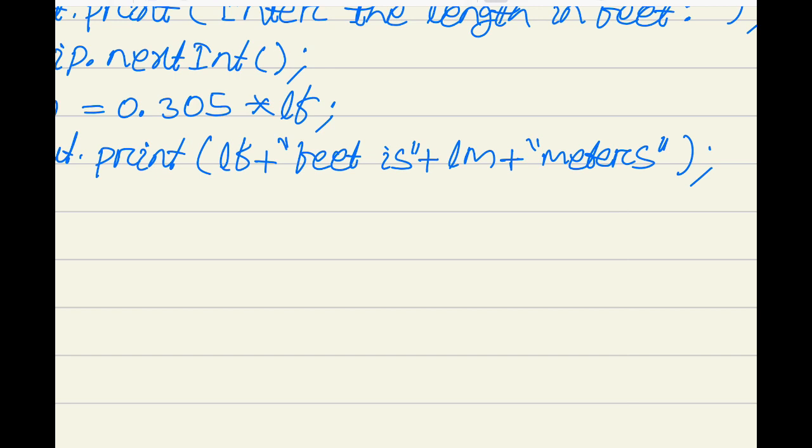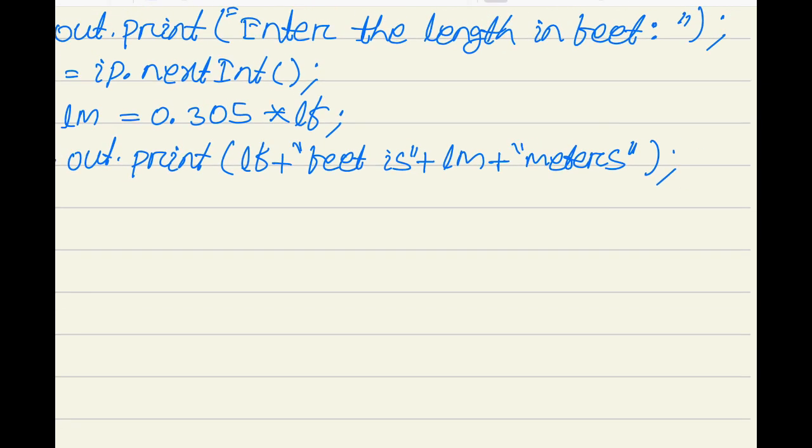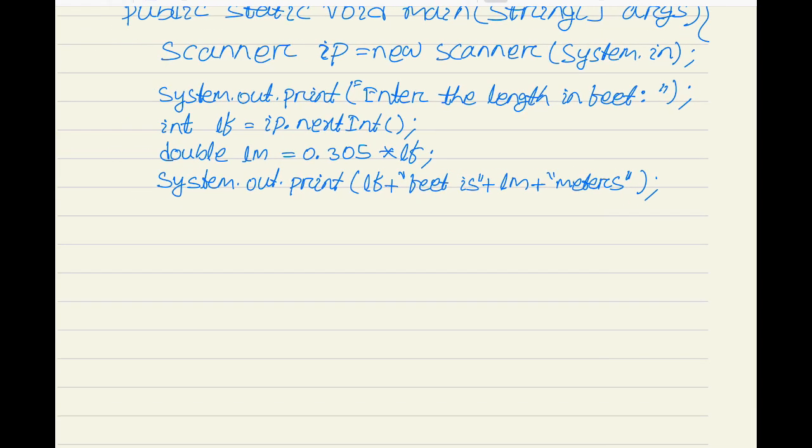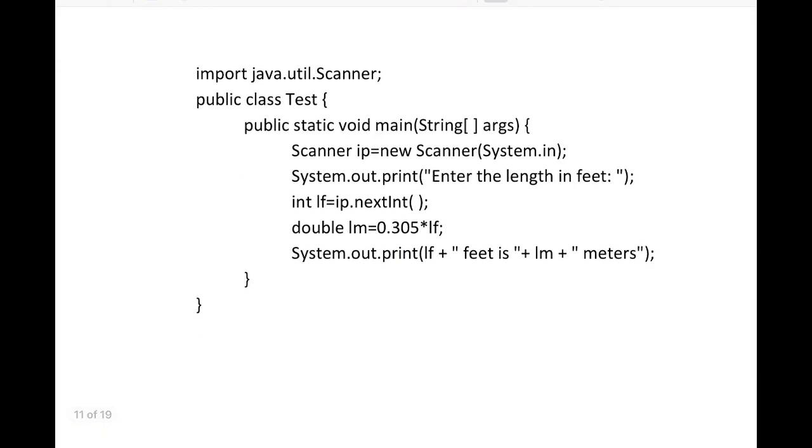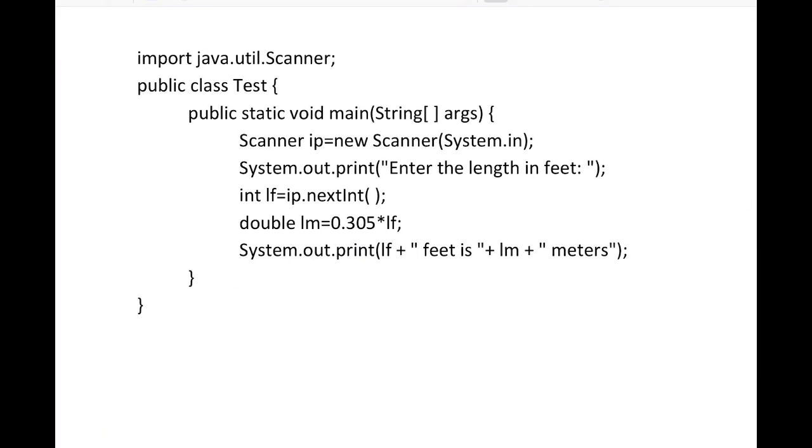Like just now we have discussed, this plus operator is used to join the strings. So if you give plus in the middle, then it joins the strings that we have written. Then end of main method, end of class Test. So you can see the typed program here, the complete program.